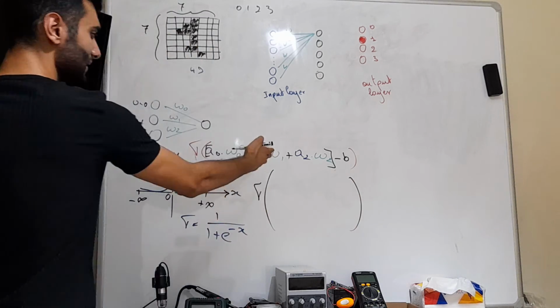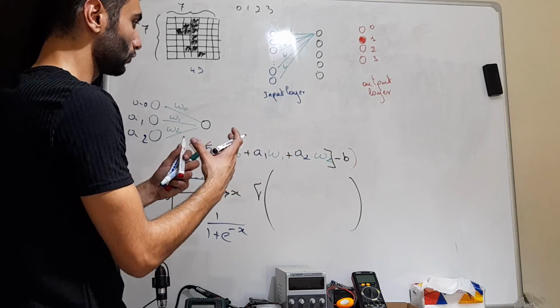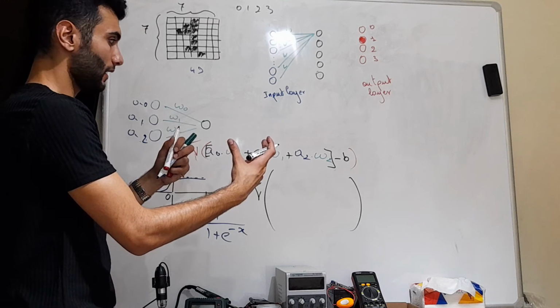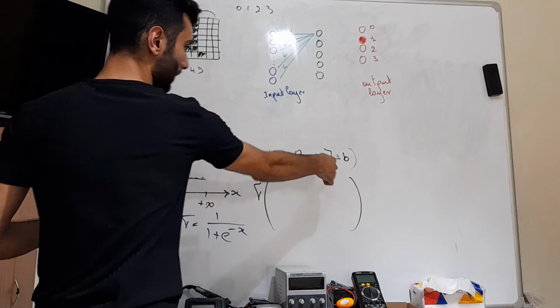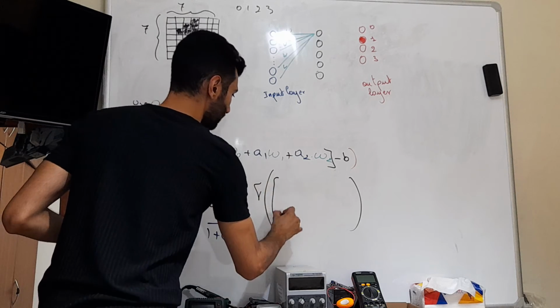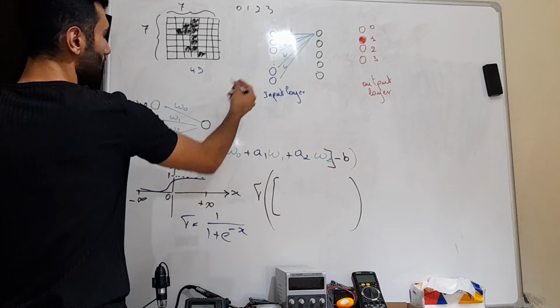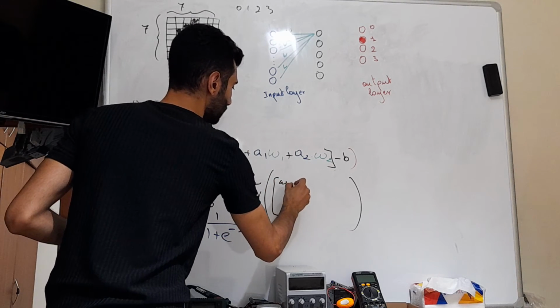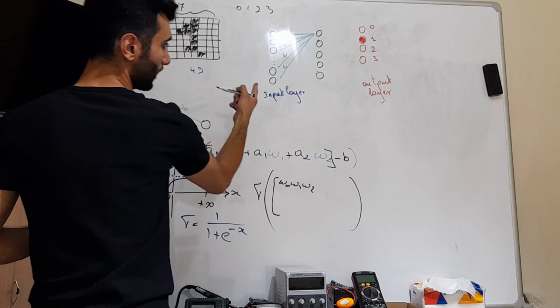Okay? And at the end, as a mathematical form, we will have the sigmoid, and we will represent this as a combination of matrices, a product of two matrices, and we will add the bias. So we will have here the matrix that holds W0, W1, W3, etc., and the same thing for each and every neuron.